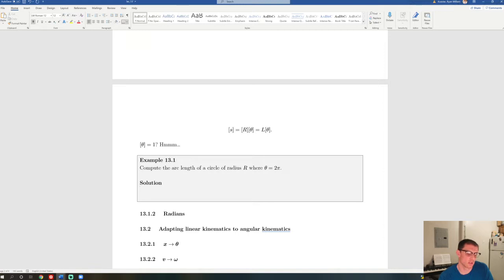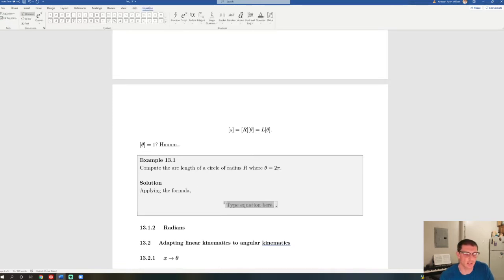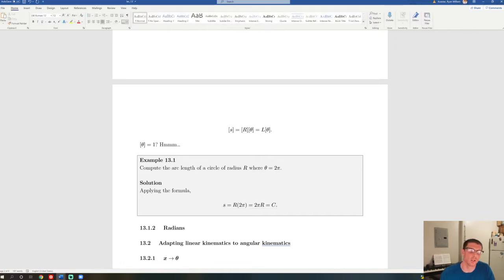And so applying the formula, we simply have that S is R times 2 pi, which is 2 pi R. And this is just the circumference of the circle. So it's good that this is consistent, and that's obviously something we always want to check for whenever we have some new definition or idea.